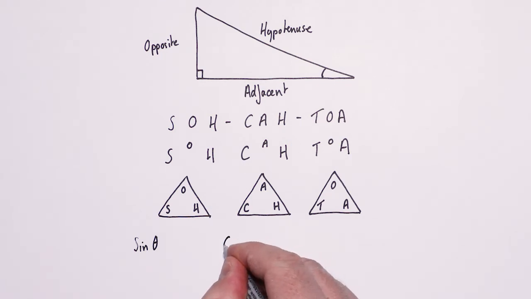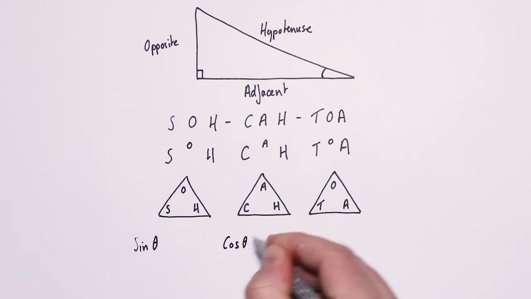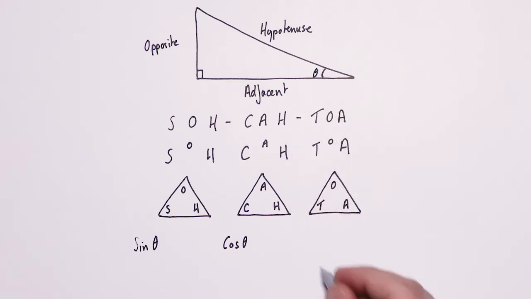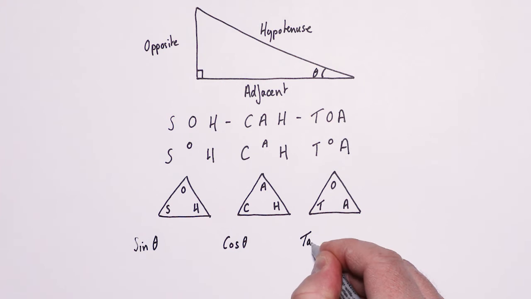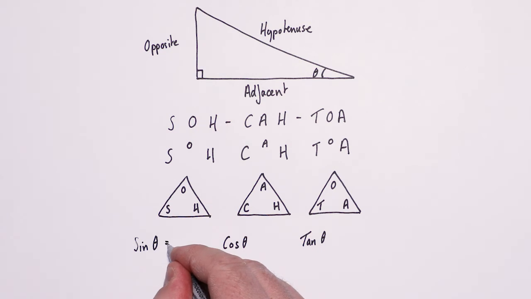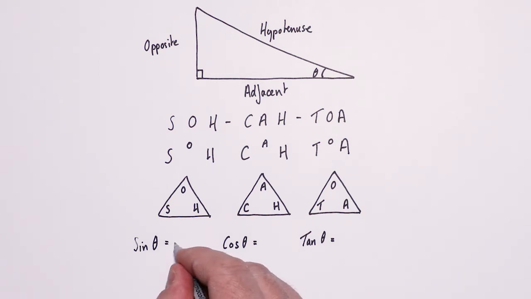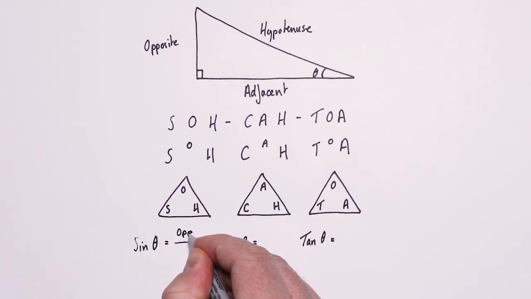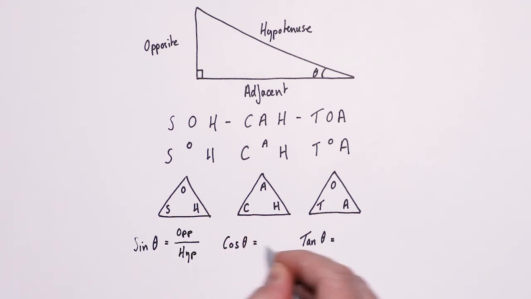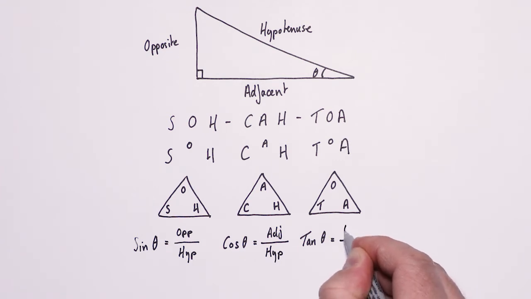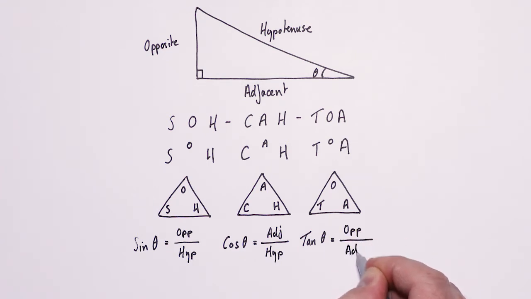C stands for cos, the angle, and T stands for tan, that angle. Each of these equals the relationship between the lengths of two other sides. So sine equals opposite over hypotenuse, cos equals adjacent over hypotenuse, and tan equals opposite over adjacent.